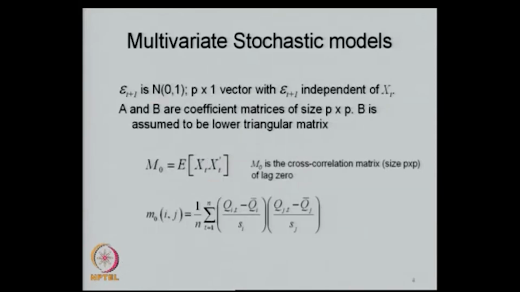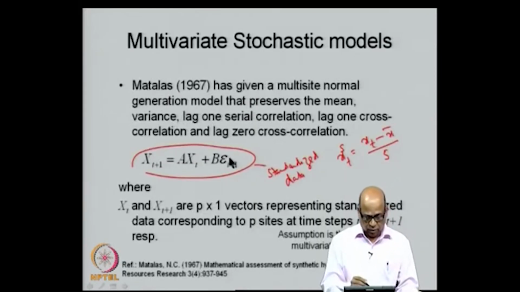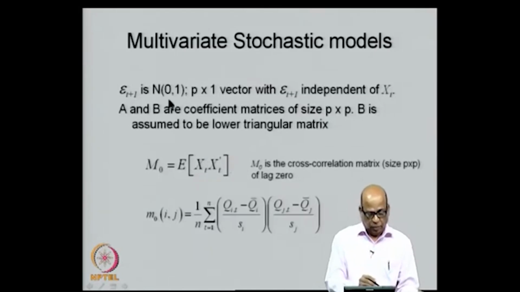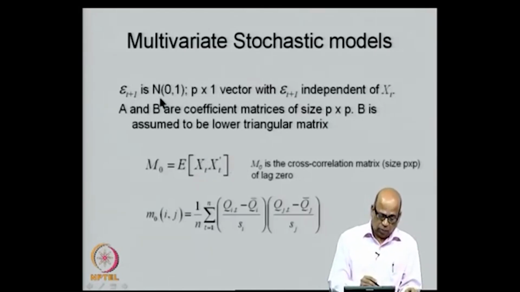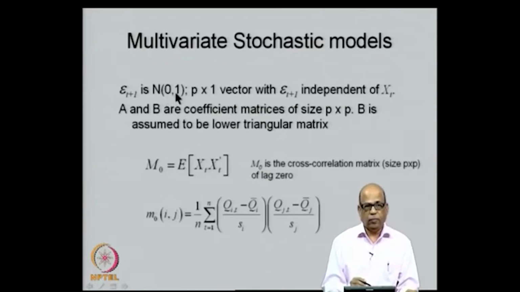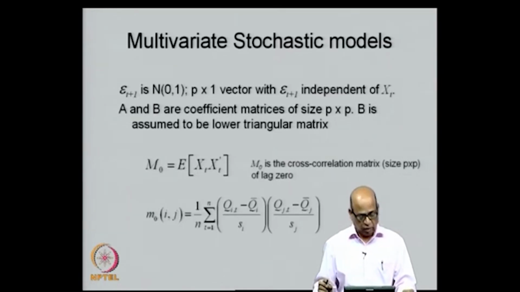Okay. Now, the epsilon t plus 1 in this expression is a normally distributed random variate with 0 mean and unit variance. So, it is N(0, 1). It is a p by 1 vector, because you have p sites, so at every site you have a standard normal deviate.